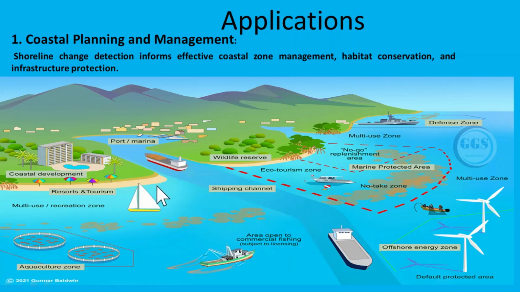It helps to understand which area should be designated as resorts and tourism, which area should be designated as wildlife reserve, which area is defense zone, which area should be used as ports, or which area should be open to commercial fishing. So with the understanding of how the coastline changes over time, it is very possible to segment our coastal area into different zones for safety purpose and for management. So this is one of the applications of shoreline change detection analysis, as it helps in coastal planning and management.